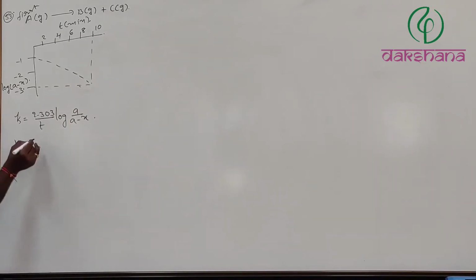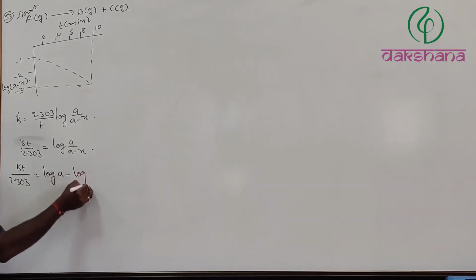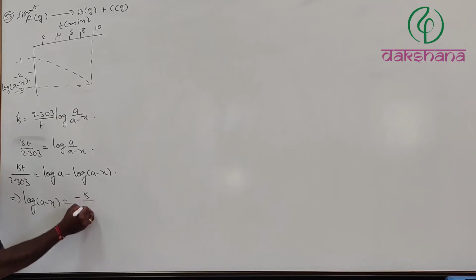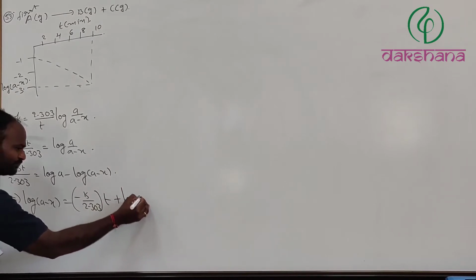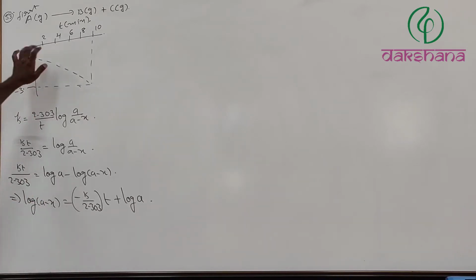In this, if you multiply 2.303 to this side, kt/2.303 = log (a/(a − x)). So kt/2.303 = log a − log (a − x), which implies that log (a − x) = −(k/2.303)t + log a. This is the expression or equation for this graph.